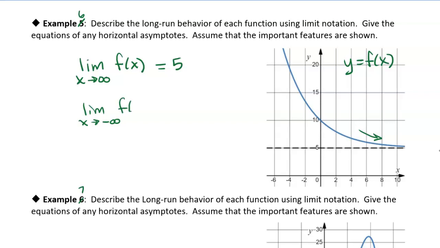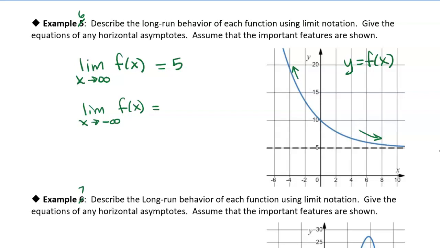Now we also want to look at the long-run behavior in the negative direction. So what's happening as I approach negative infinity, as x gets more and more negative? They're really smaller values, but the magnitude is larger.